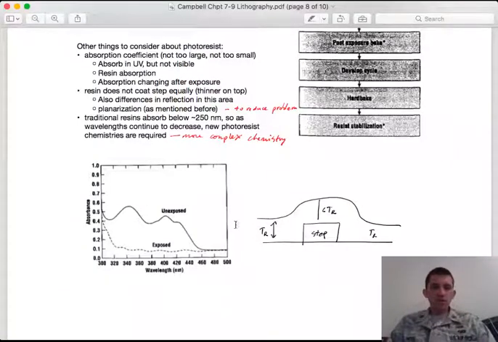And so you're going to have different D100 and D0 values for this region, and different removal rates.